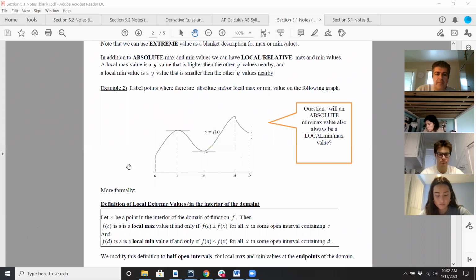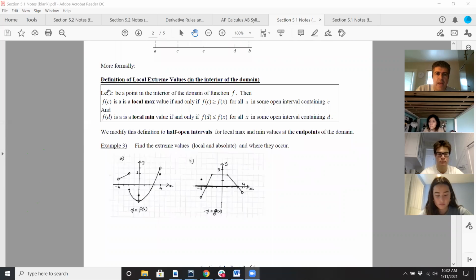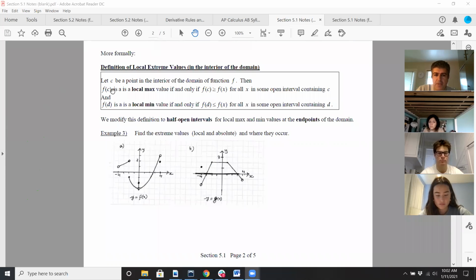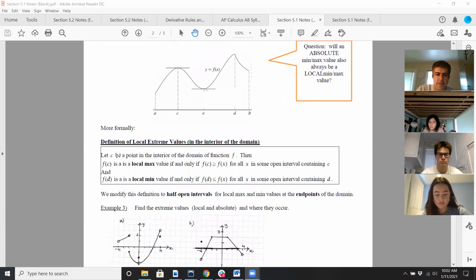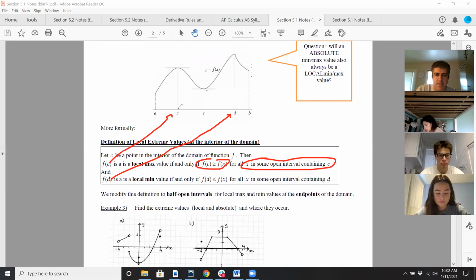So more formally, f of c, where c could be some x value, like you can see we use c right here. Here I use d. f of c is a local max if it's bigger than y for some open interval that contains c. So maybe from a to e, let's say. Say I did that open interval from a to e.